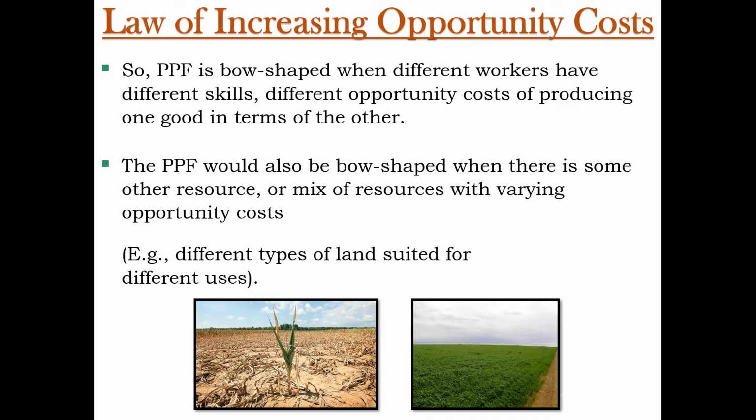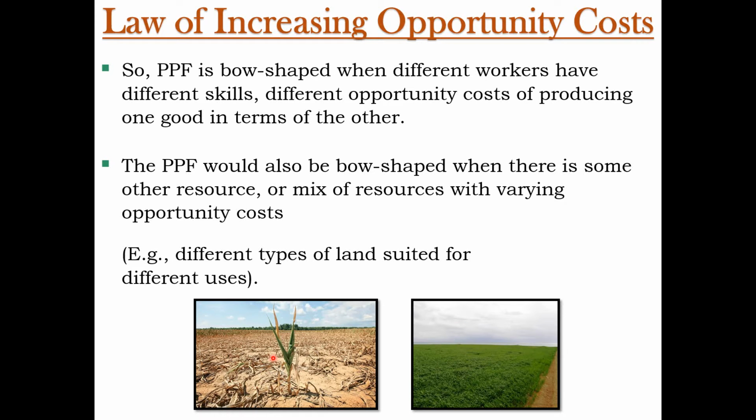You can also think about this in the context of land use, right? So if there's a farmer that has some land, some of it is not very good at growing crops. Other land is really good at growing crops for whatever reason, the soil composition or whatever, okay? Well, if this farmer wants to start producing energy using solar panels, and he needs to install the solar panels over some of his land, which land is he probably going to install them on first? The really good land or the really poor land for farming?